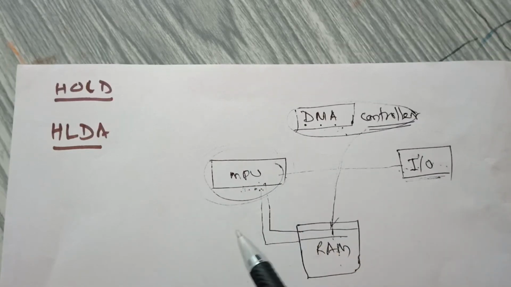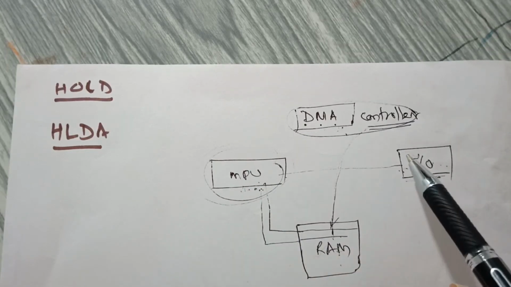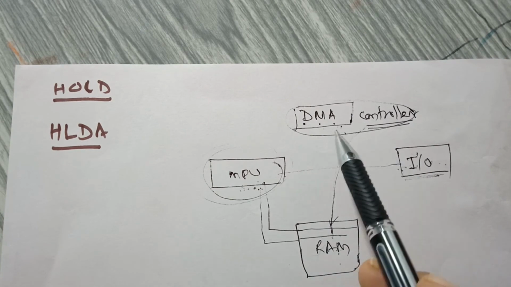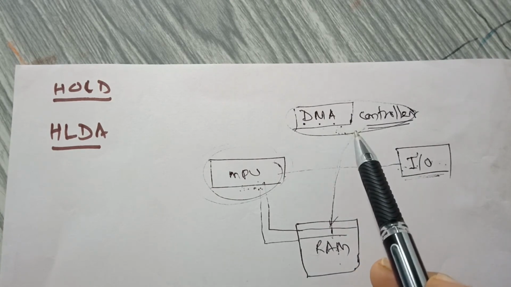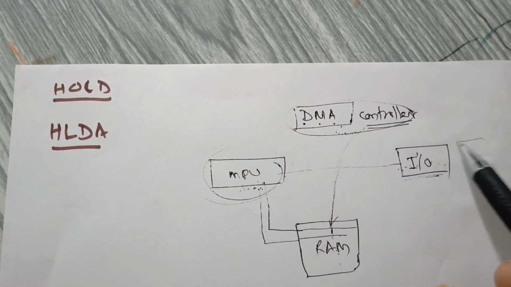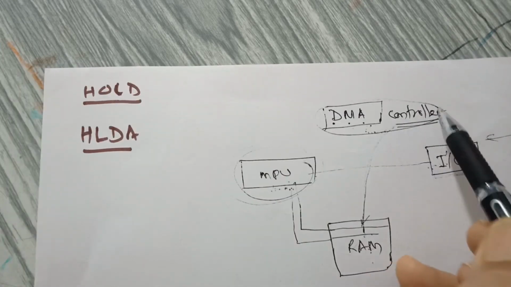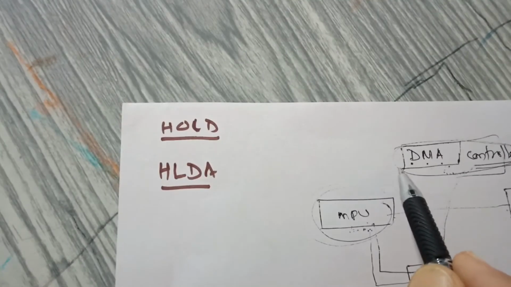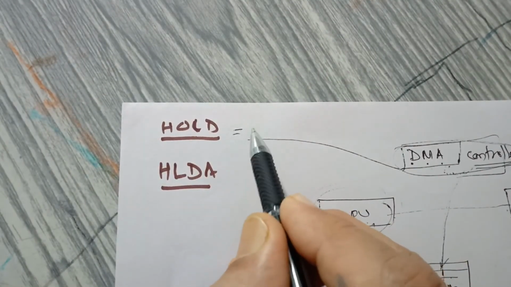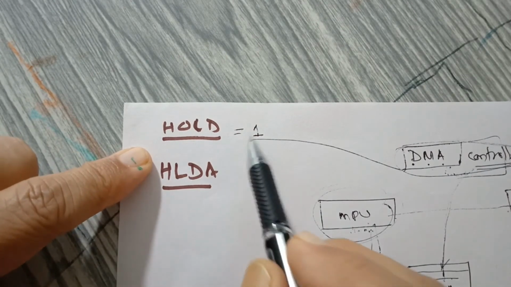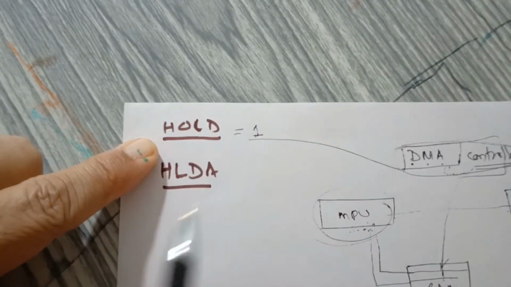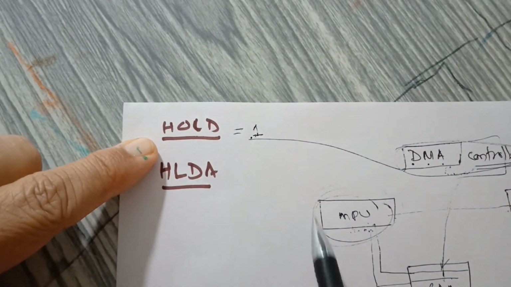But again, for transferring the data, you know that it requires the use of address and data bus, and therefore whenever there is a DMA request, this DMA controller chip sends a request on this HOLD pin. This is the hold request to whom?